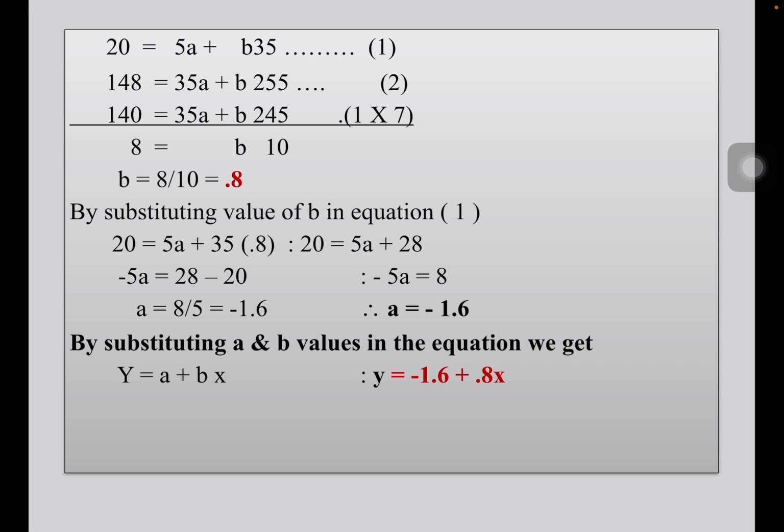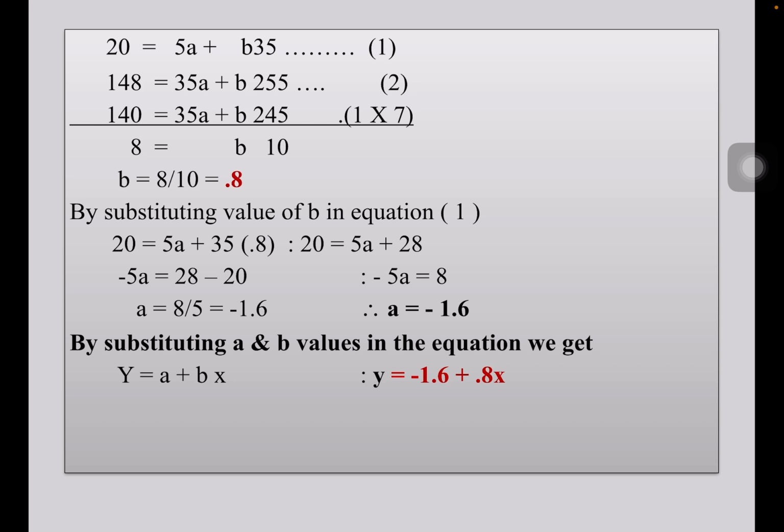When you subtract, 148 minus 140 equal to 8, plus 35a minus 35a gets cancelled, plus 255b minus 245b equal to 10b. So, b equal to 8 by 10, therefore, it is 0.8. Now, by substituting 0.8 in the first equation, you will get 20 is equal to 5a plus 35 into 0.8.